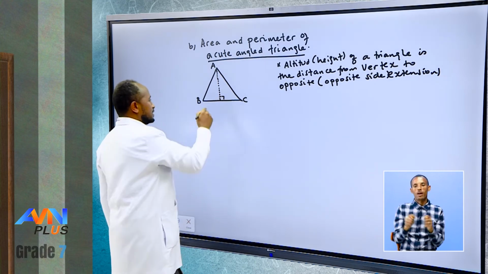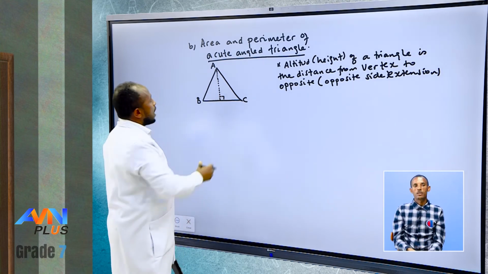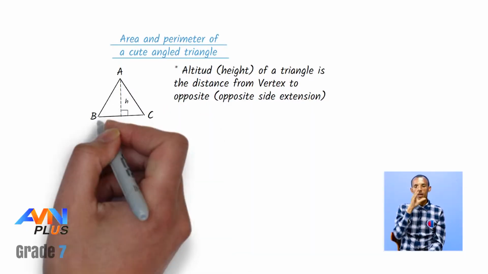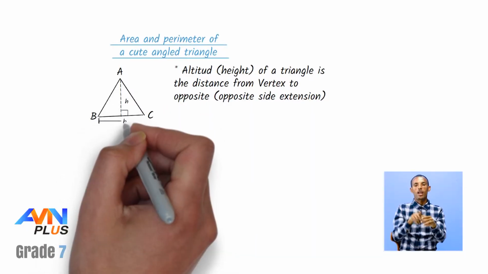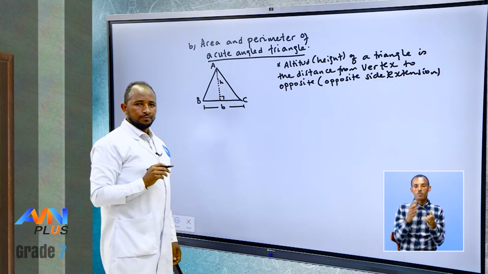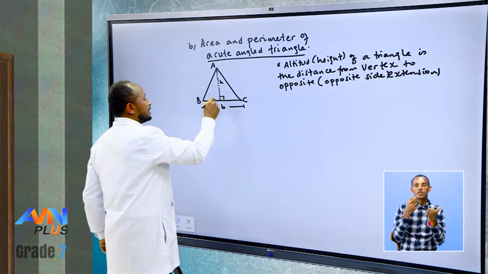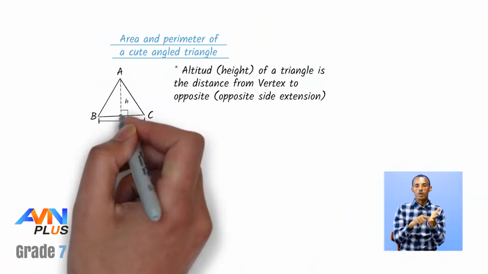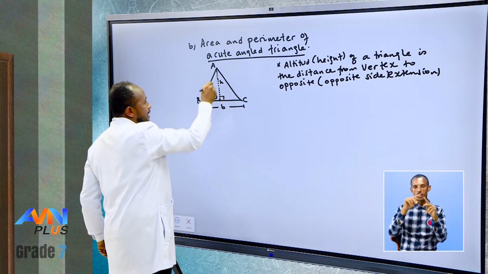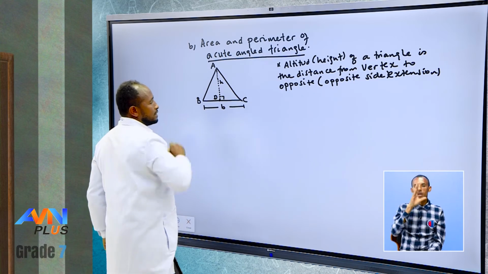And the opposite side is called the base in that case. So how do we calculate the area of this triangle? Look at this one, assume this point to be D. You have two right angle triangles, triangle ADB and triangle ADC.